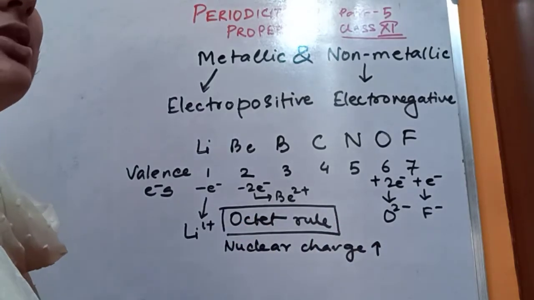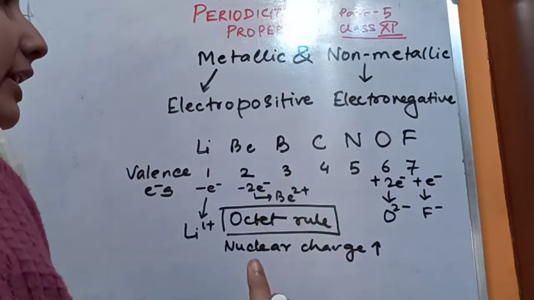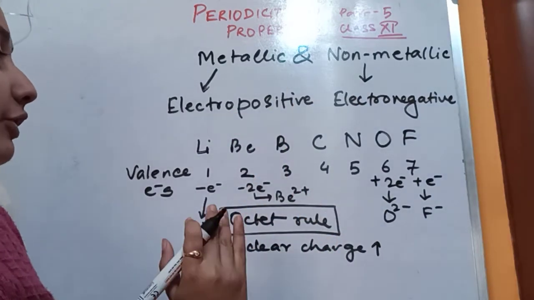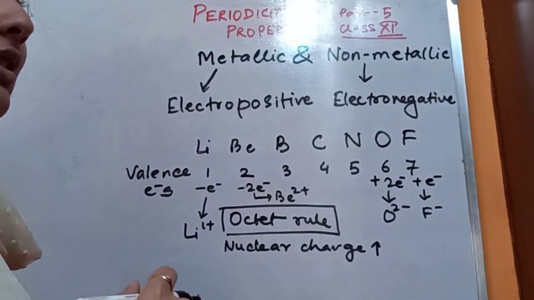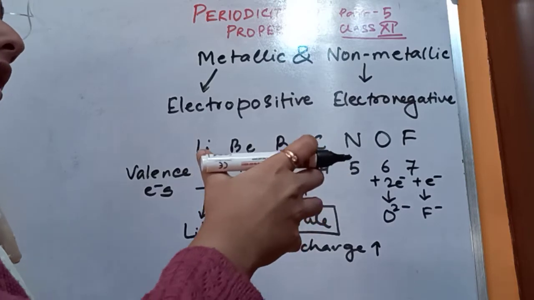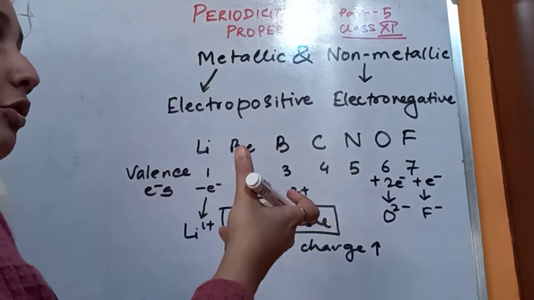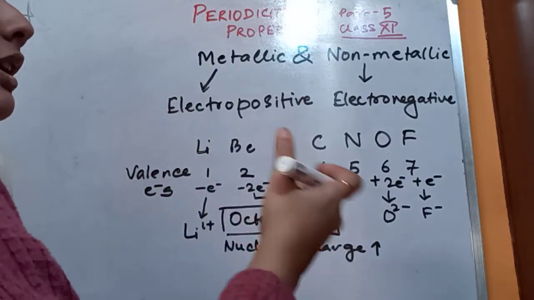Nuclear charge means the attractive force of the nucleus on the outer electrons. So as nuclear charge increases, it is holding the outermost electrons tightly. Since the nucleus is holding the outermost electrons tightly, the electrons cannot be lost easily.